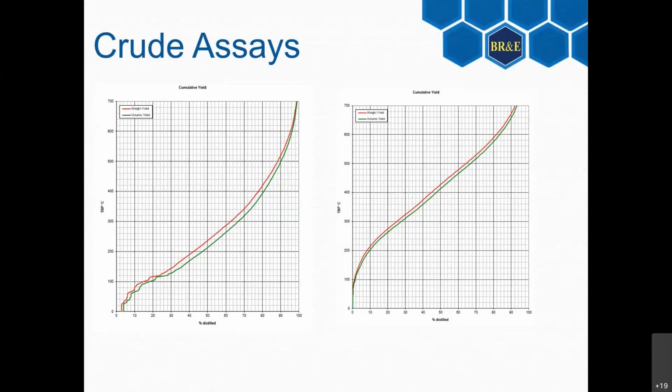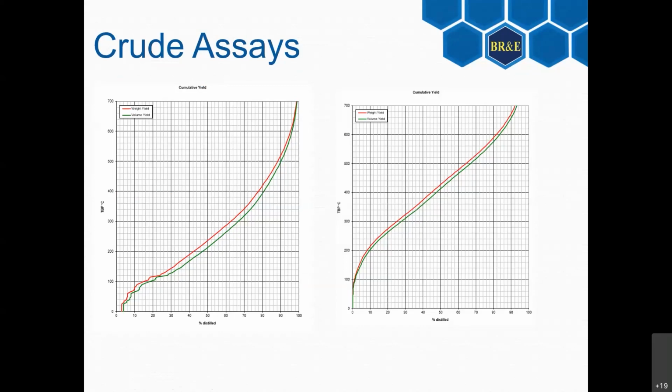And so when you are reviewing these crude assays and you're able to assess them graphically, you should be able to ultimately have a really good feel for what that particular crude curve is going to bear. This particular one on the right that we said is the heavier, certainly, by the time we're at 500 degrees Celsius, we've only distilled 65% of it.